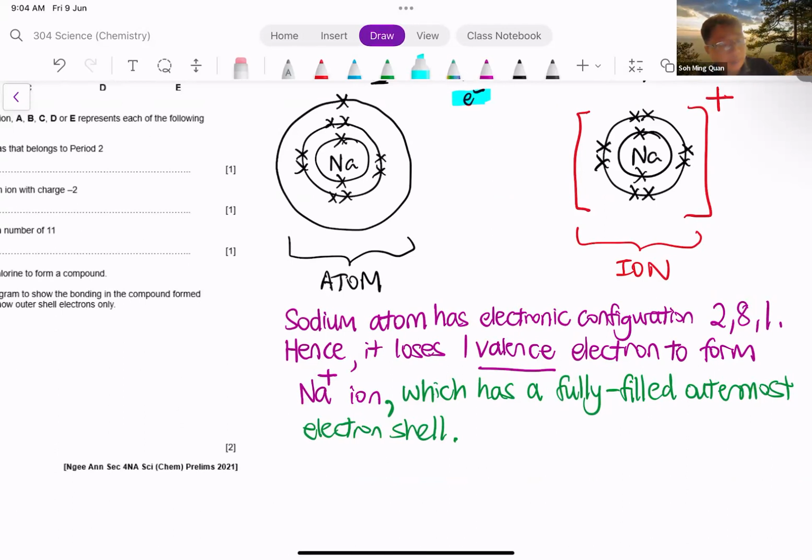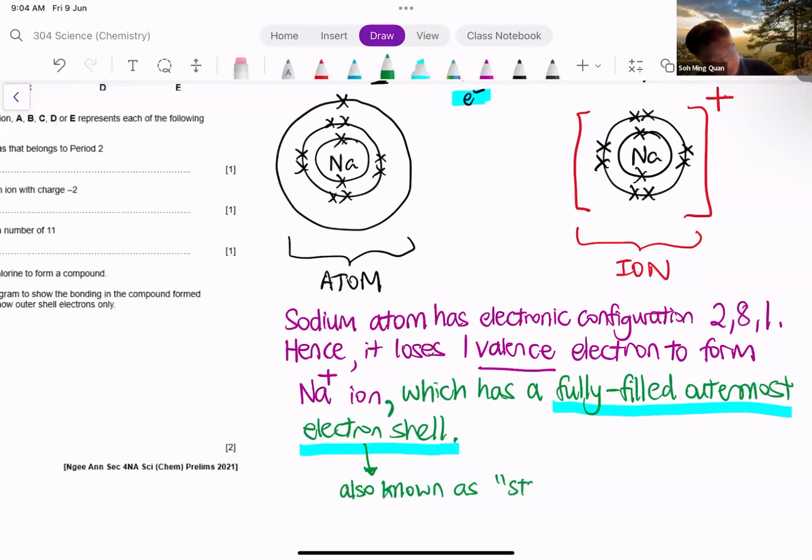Now, this fully filled outermost electron shell is an important term. It also has other ways of expressing it. This can also be known as stable noble gas electronic configuration. Why do we call it noble gas electronic configuration?